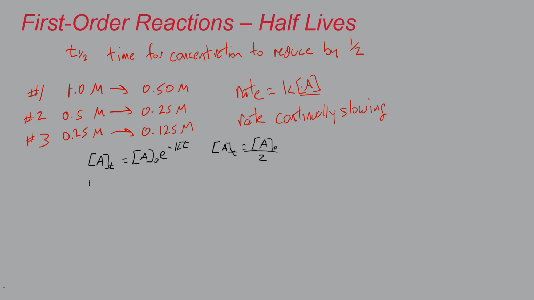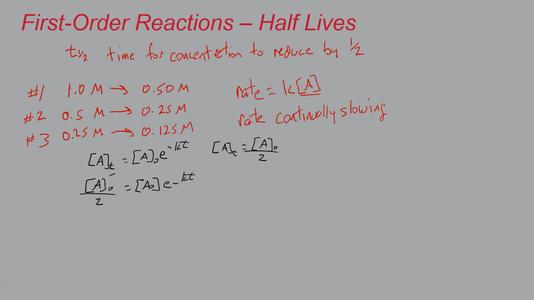So this equation now becomes A0 over 2 equals A0 e to the minus kt.